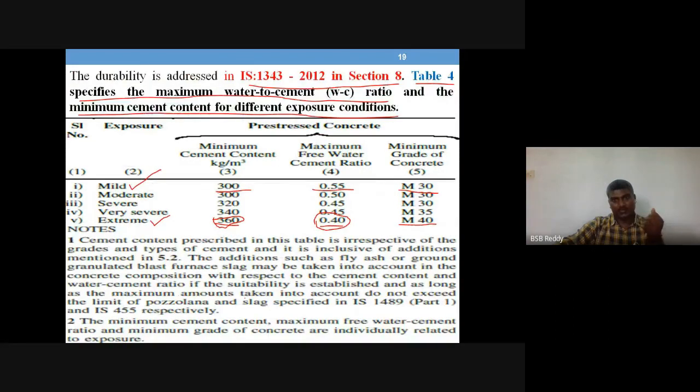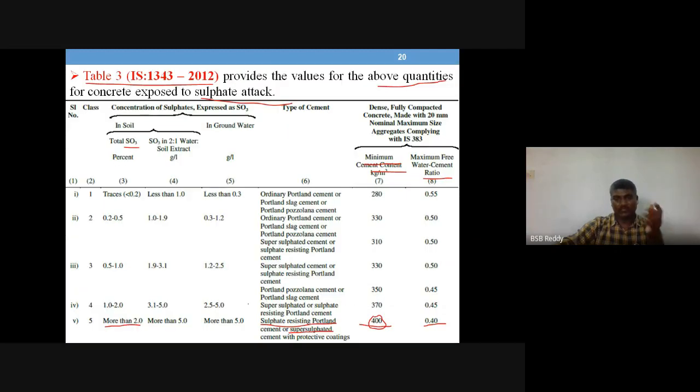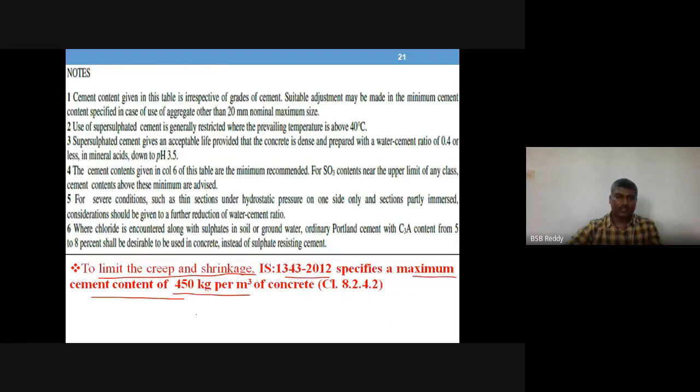And the related Table 4 and Table 3, which are essential for addressing durability, to choose cement content, water cement ratio, grade of concrete, and type of cement in the case of sulfate attack. So at any cost, the cement content shall not go beyond 450 kg per cubic meter of concrete.